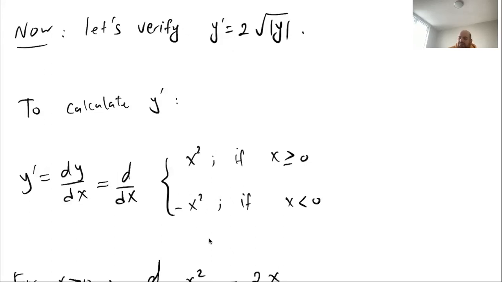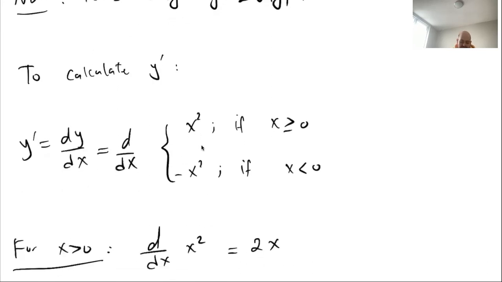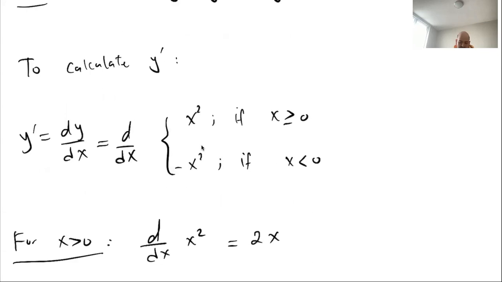So if I, let's say, keep the formula at 0 to be this, but let's say if I change the formula to the left of the point, let's say minus x squared minus 1, then the function is not even differentiable at 0. Right? So right now that we don't have this minus 1 here, I will show you that the function is differentiable at 0, and I will find the derivative at 0.